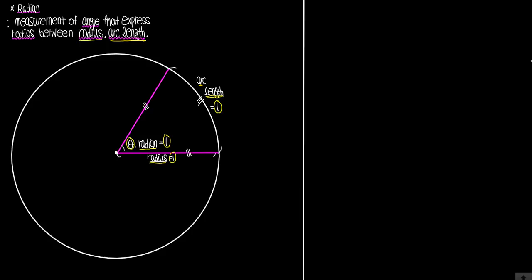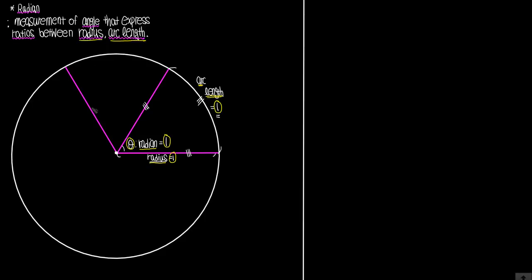In that case, the arc length and the radius were exactly equivalent. The next example is what if the arc length increases? Because this is a ratio, the arc length doesn't always have to be equal to 1. So if the arc length increases two times bigger, with the same radius of 1, then it will look like this.